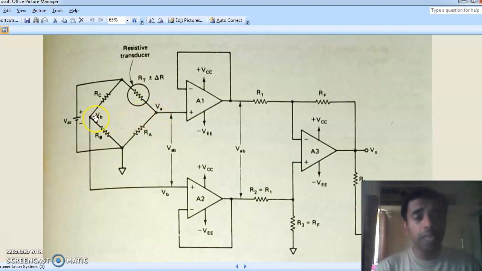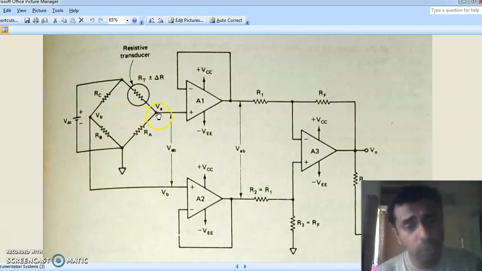So under balance condition, VB equal to VA. What is VB? VB is RB divided by RB plus RC, into VDC.